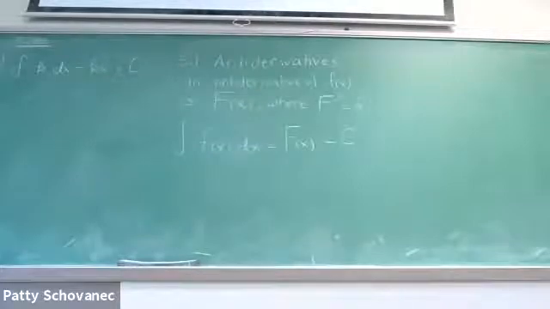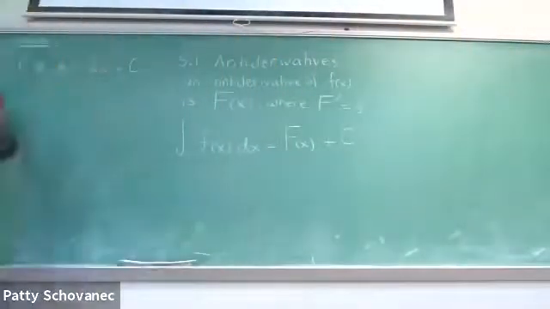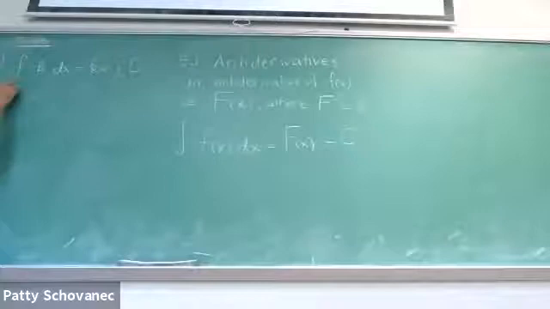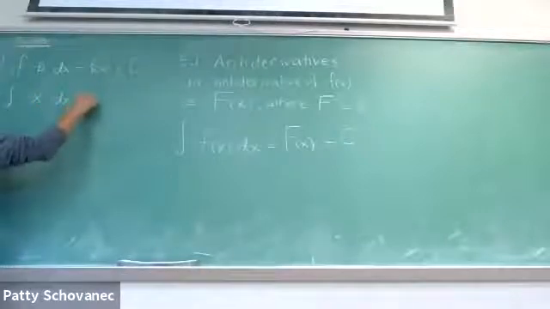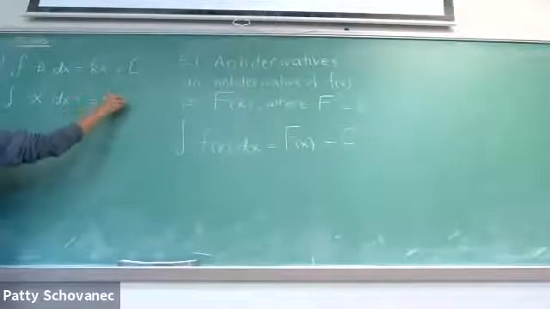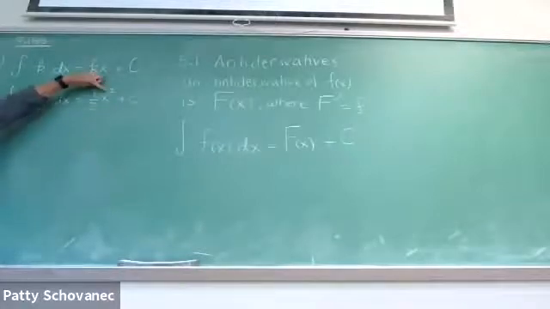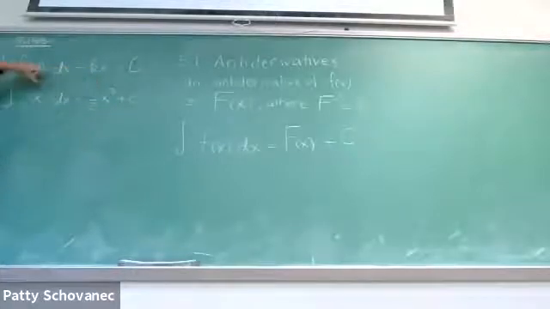So what did I take the derivative of to get 2x? X squared. So what am I taking the derivative of to get x? There you go. The integral of x to the first power was 1/2 x squared. As the derivative of the x squared will give you the 2x, multiply it by 1/2 gives you back x.